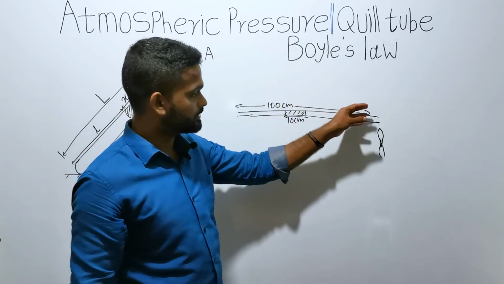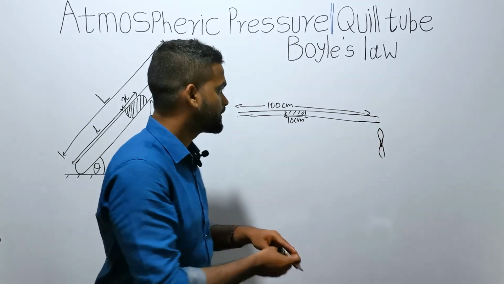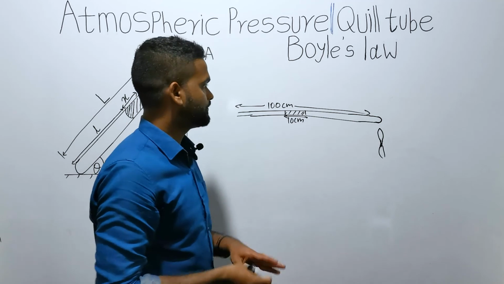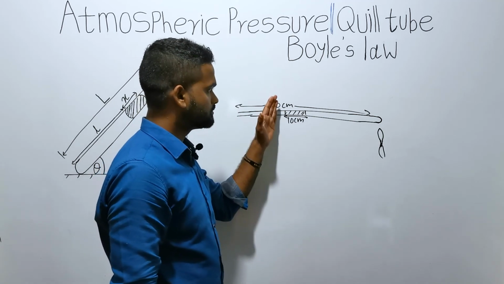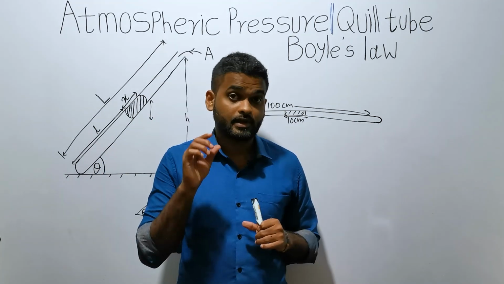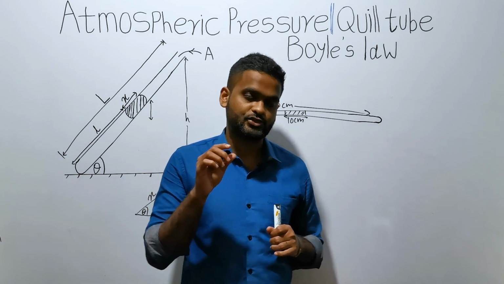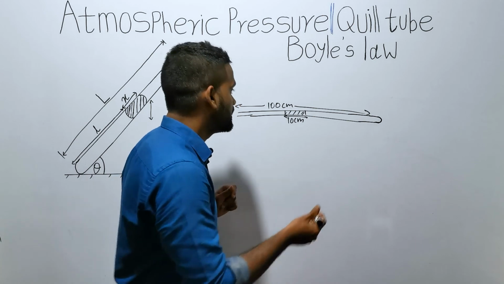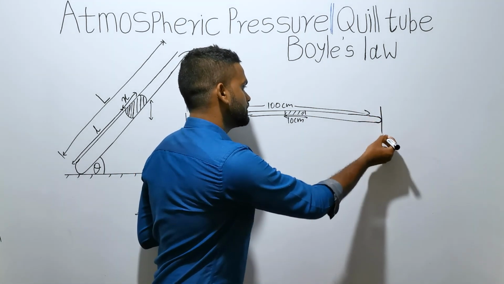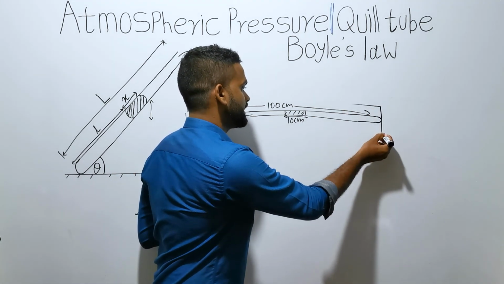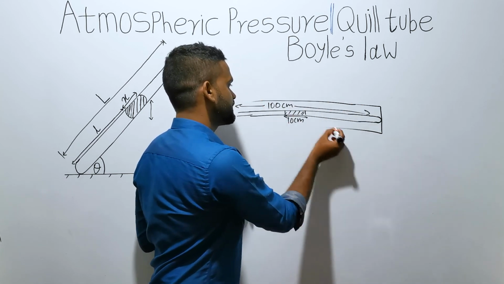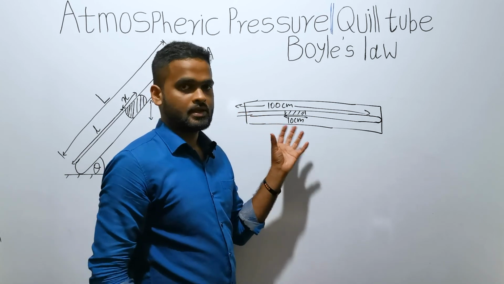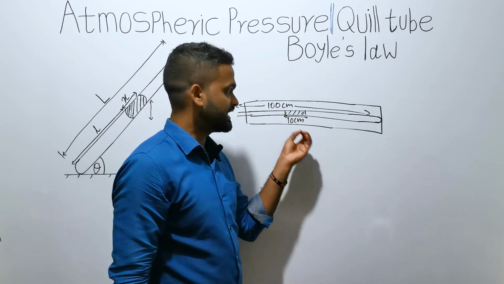And if you remove it, it again solidifies and this end gets sealed off. So you have the quill tube. It is recommended that you attach a meter ruler to the quill tube. So the end of the meter ruler should be attached to the quill tube like this. So you can measure the length variations easily.